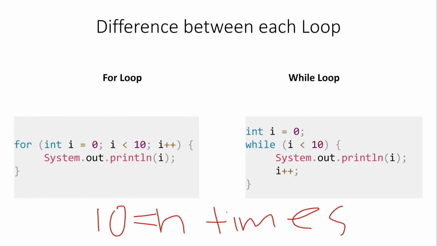So, let's look at the differences. When we first create the variable to keep track of everything, in the initial statement, they are at different places in each of the loops.